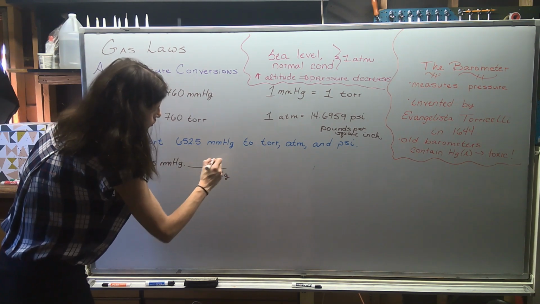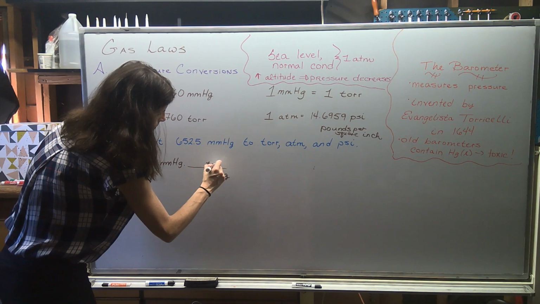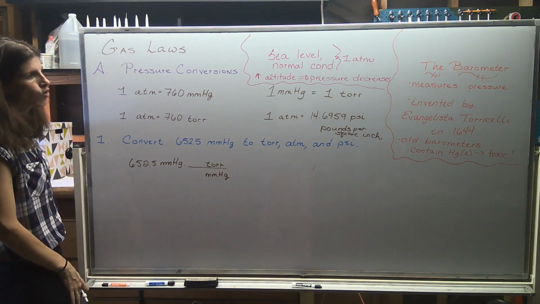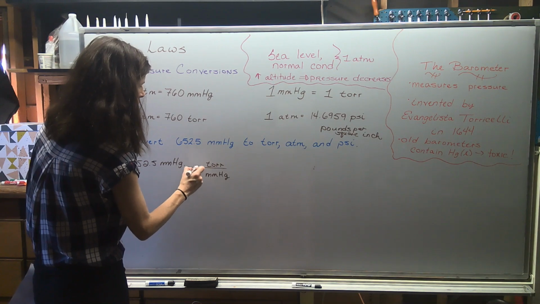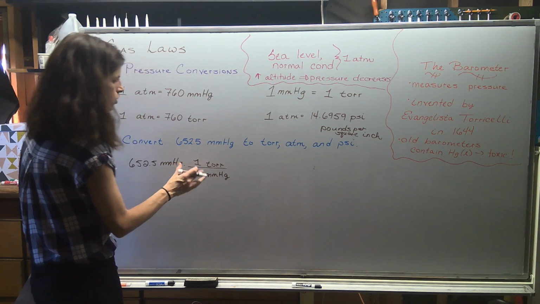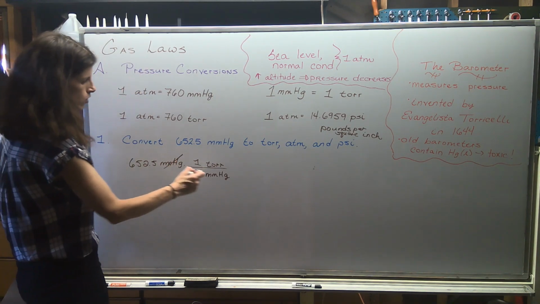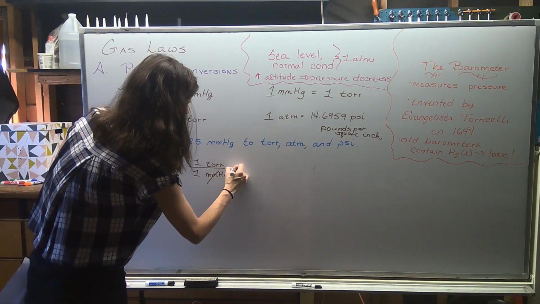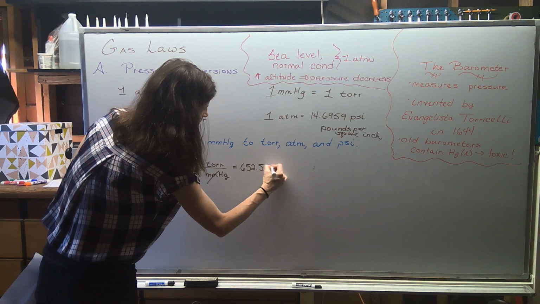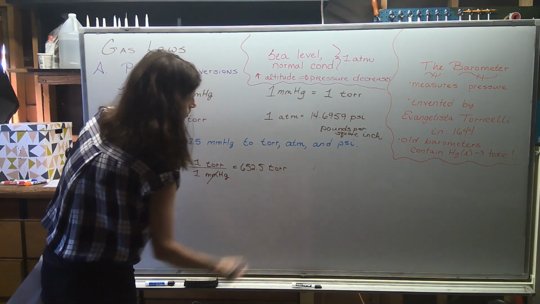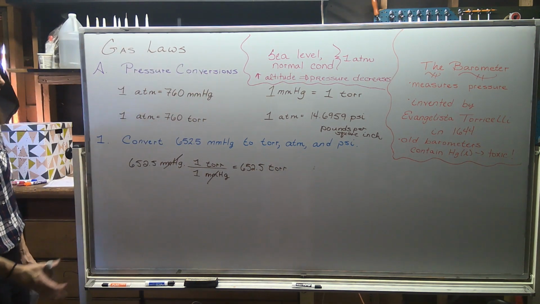And in my first one, I would like to go to torr. So I'm going to grab the values in the conversion factor. 1 millimeter of mercury is equivalent to 1 torr. Units cancel. And it's not a very interesting result here, right? Same value for that one.